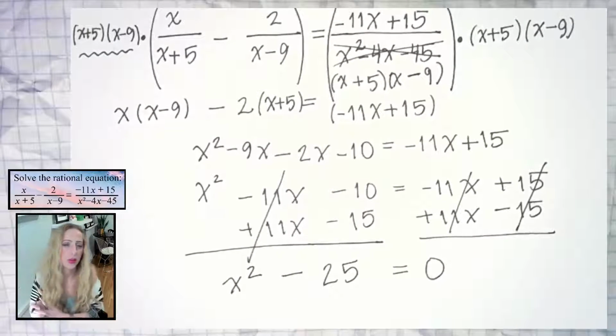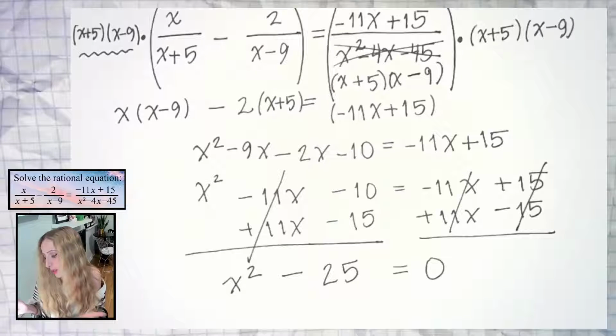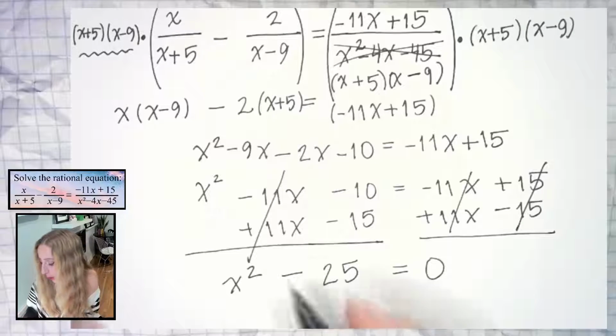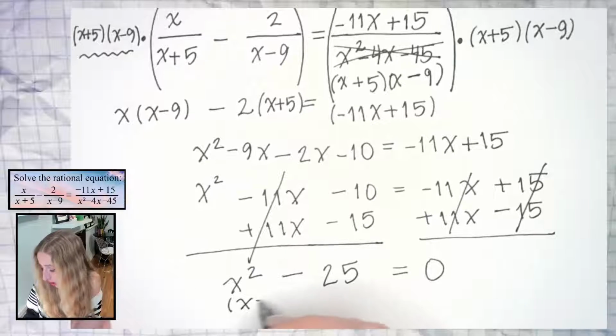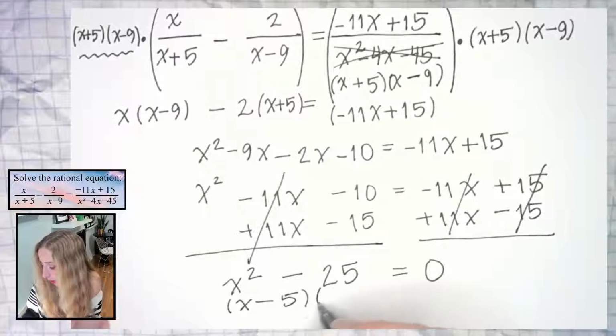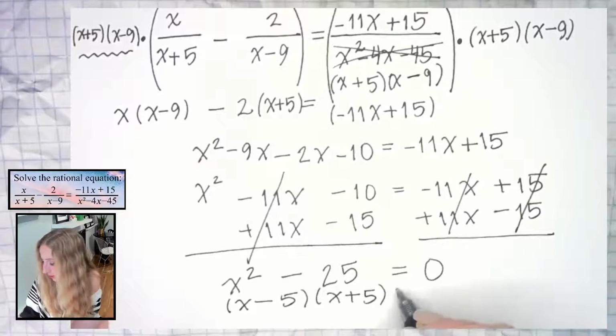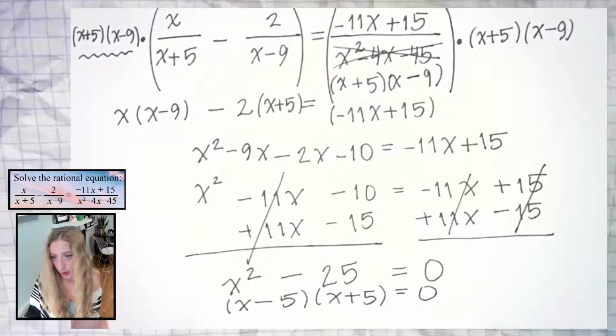I know you can add the 25 over and take the square root of both sides. Problem with that, however, is that more often than not, people will, when taking the square root of 25, only put down the positive square root of 25. However, if you solve by factoring, you will factor this using conjugates because we're dealing with the difference of two squares. When we use the zero product property, we're setting each factor equal to 0.